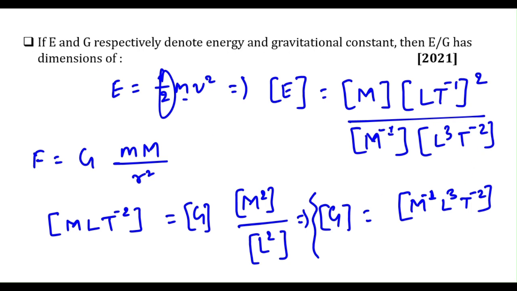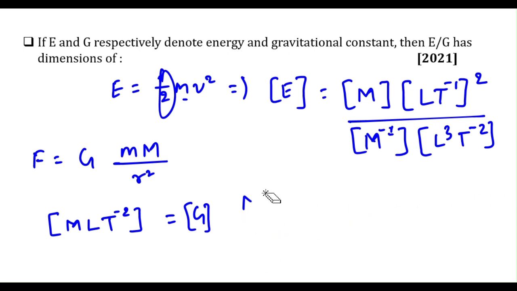Now let me make some space here so that we can continue. Okay, so M and this M inverse will be added up here. It will be M square. Now coming to this part, here we have L square.